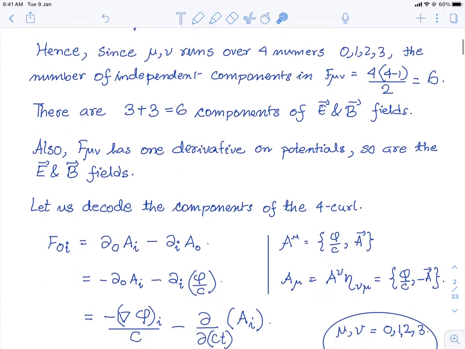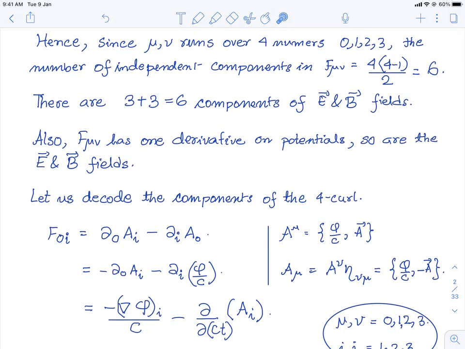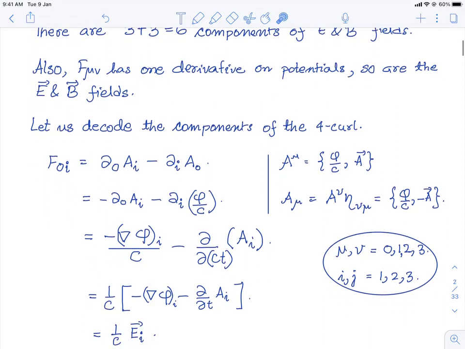So let us try to write down the components of this F mu nu tensor and see what they come out to be. Okay, so here is my notation. I'm writing F0i, meaning the first index I have set to be time. That's the 0th index. And then the i, so I'm distinguishing this.